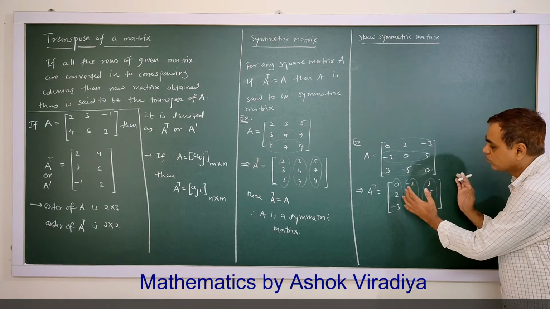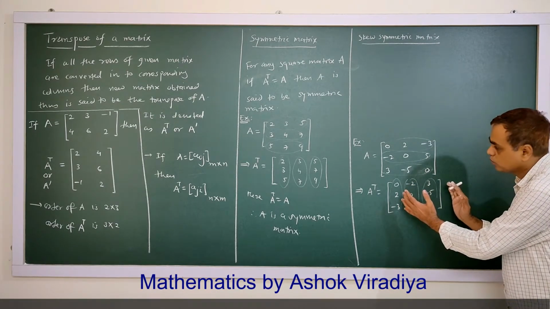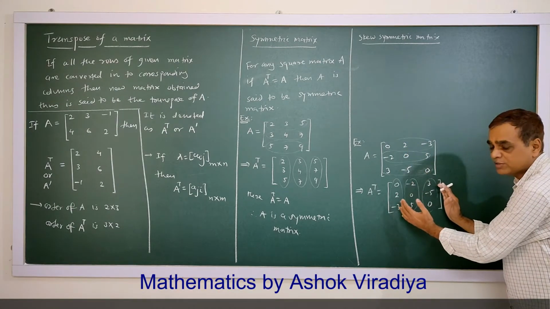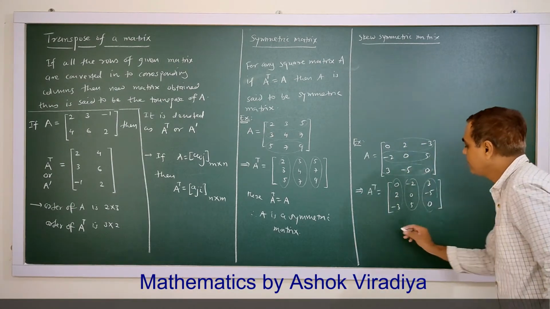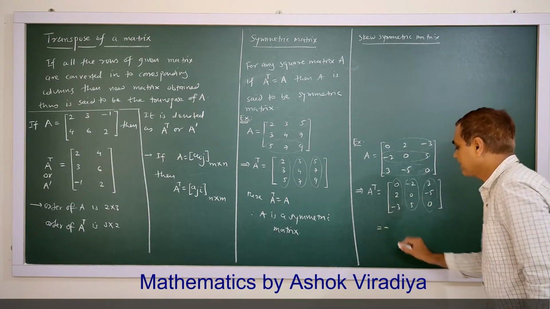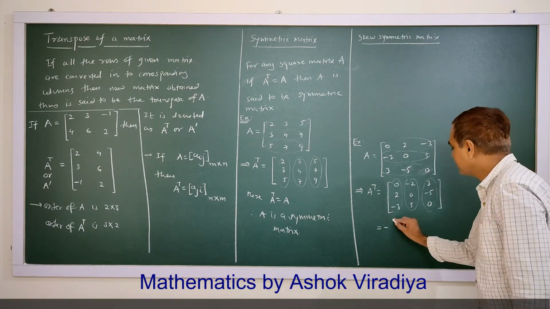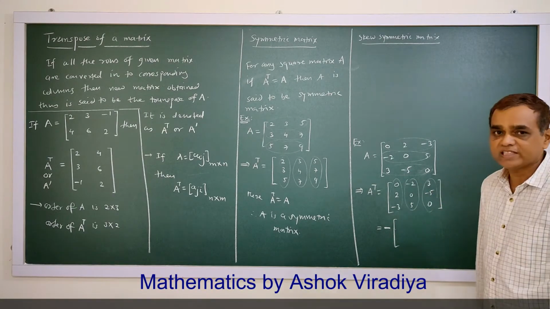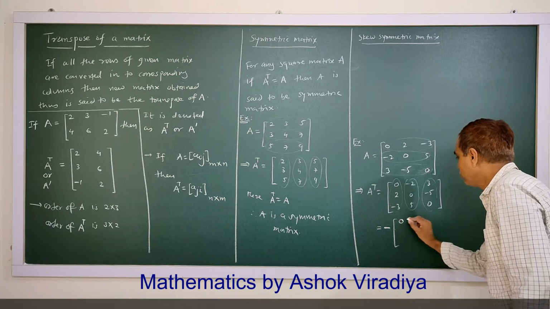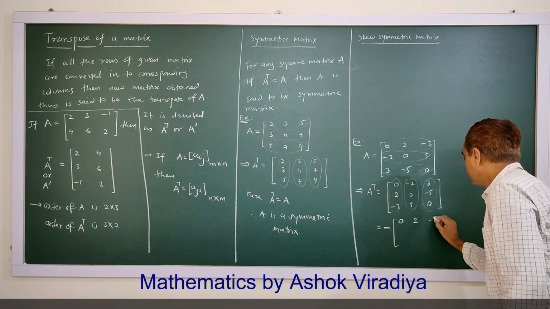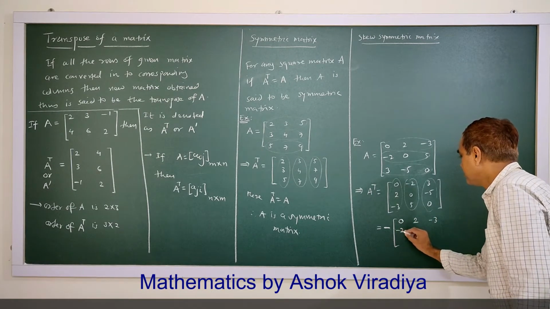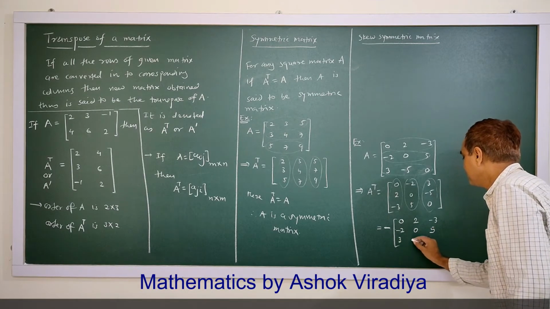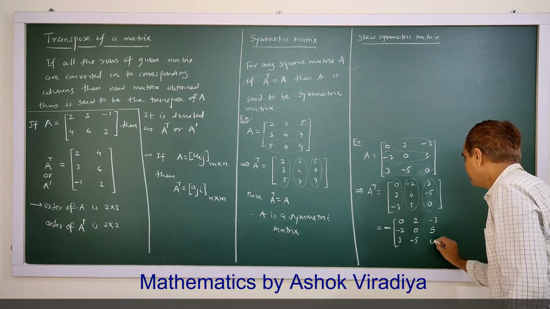So to convert into the same matrix, to convert into the numbers which are in A, what I do, I take minus common from all these entries. So here 0, 2, minus 3, minus 2, 0, 5, 3, minus 5, 0.